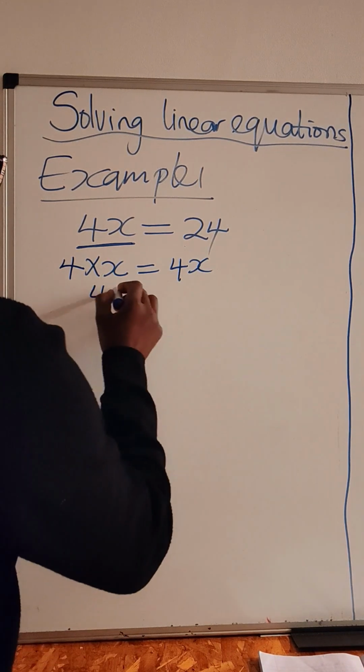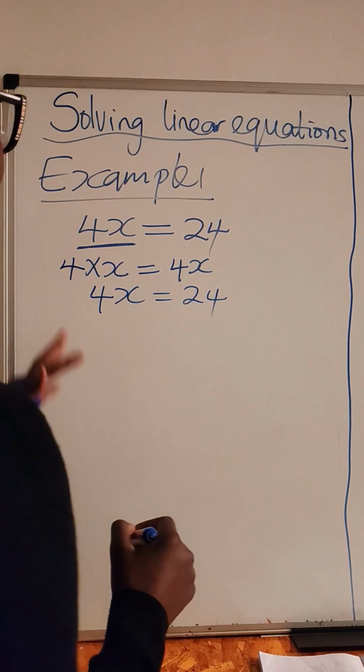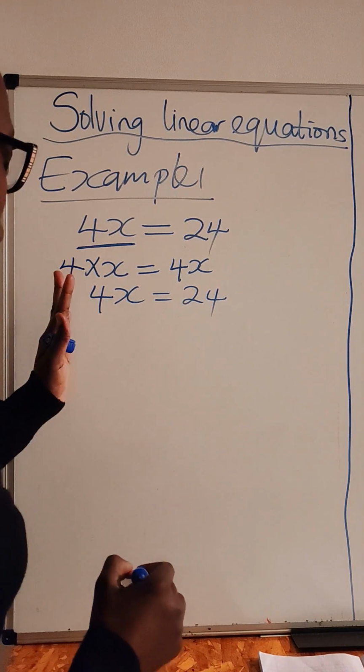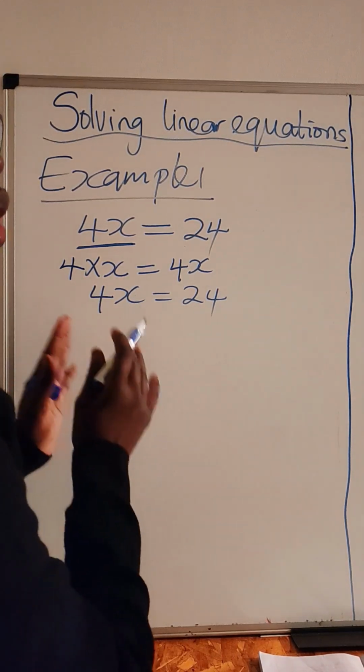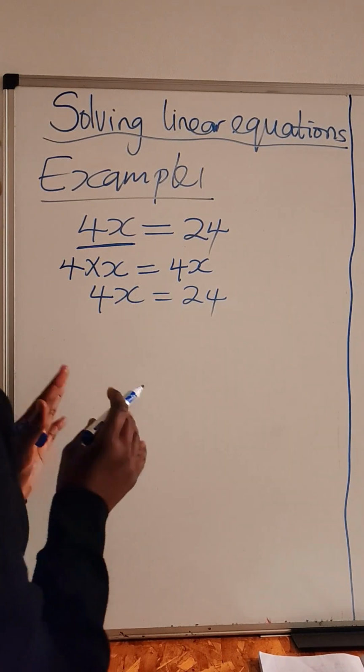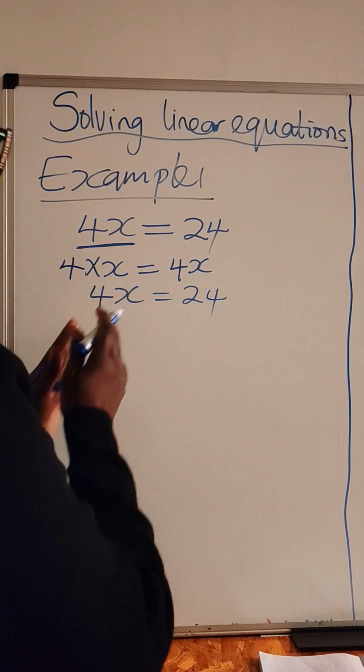So I recall the question again. 4x is equal to 24. How do I get rid of 4 so that I can have x alone, which is the unknown? That is, how can I get the real value for x?